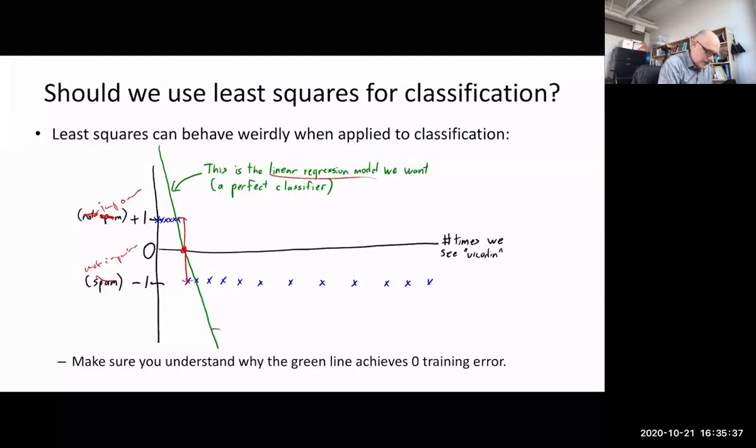It looks like this green line. You should understand why this green line achieves 0 training error: the sign of this is positive, the sign of this is negative, so everything in this region gets the correct label, and everything in this region gets the correct label.